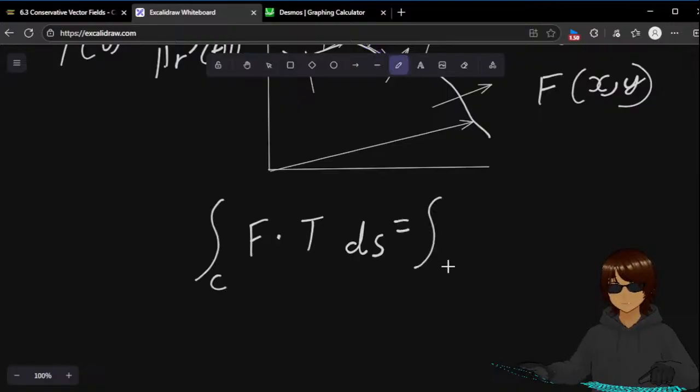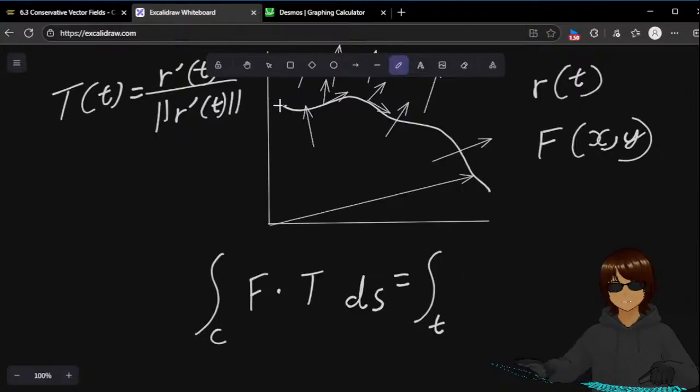This is equal to, let's say r(t) goes in this direction. This is t equal to a. It starts here, and then t equal to b, it ends here. So we have a, b.